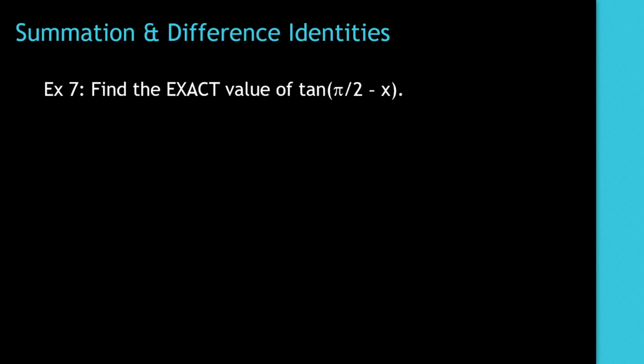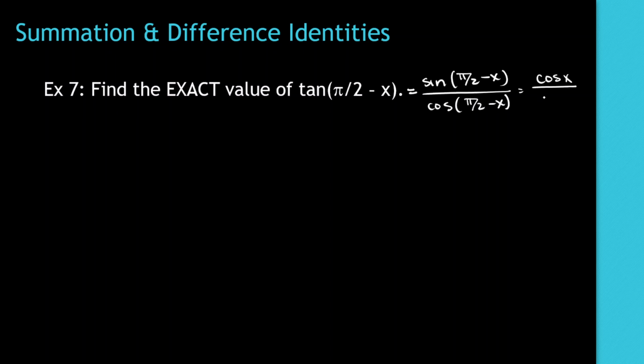Okay. Now we can do this with tangent as well. We know tangent is sine over cosine. So this will be sine of pi halves minus x over cosine of pi halves minus x. And we said sine of pi halves minus x, we just showed to be cosine.